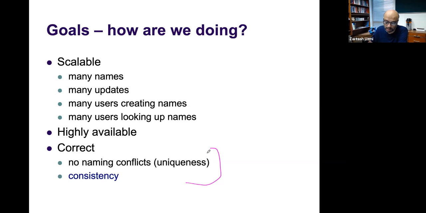And the lookups are fast. Maybe lookups are not so fast, you have to contact the NYU server before you get an answer. But mostly DNS requests and responses are cached. They are almost always cached.